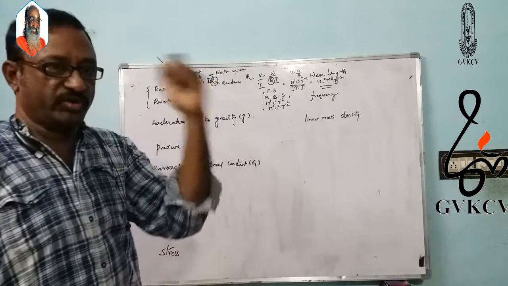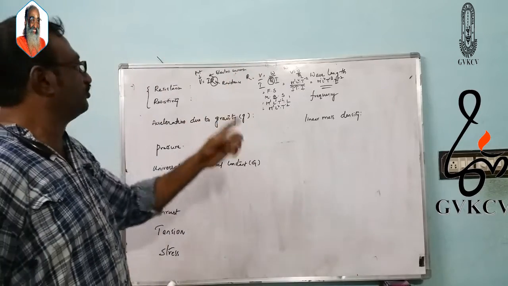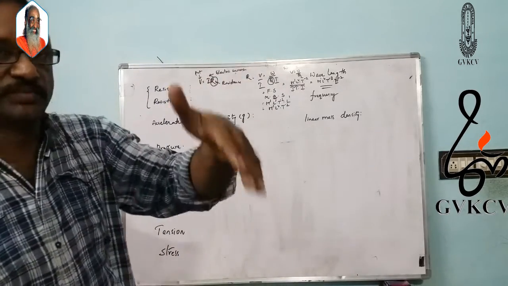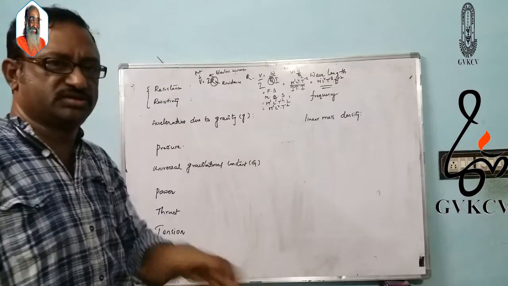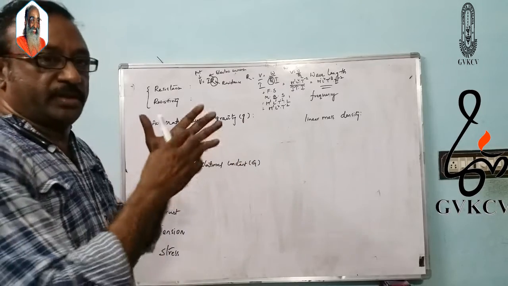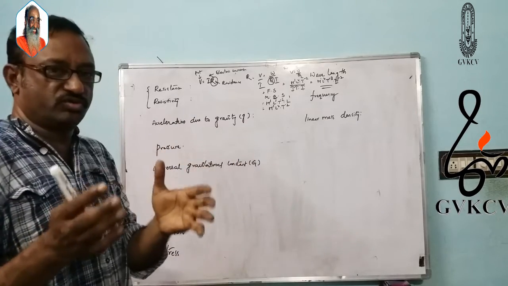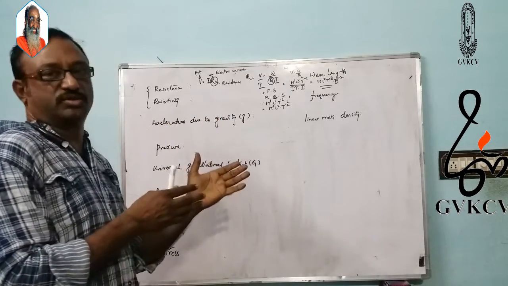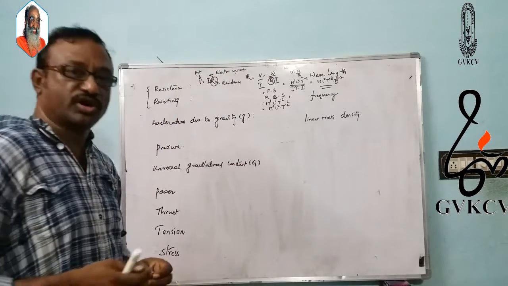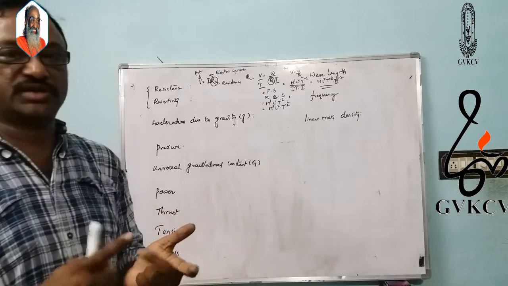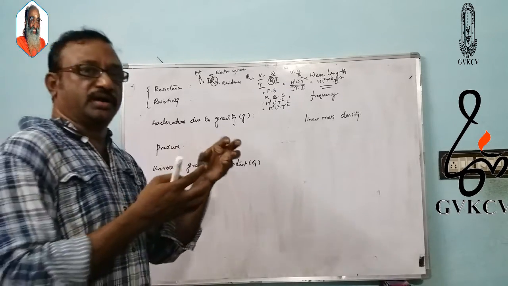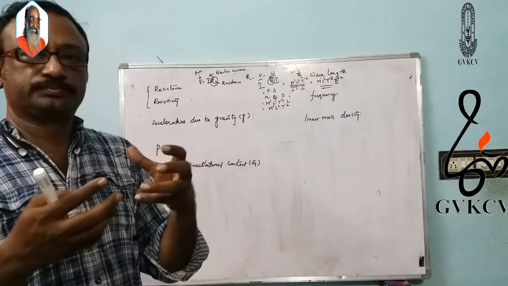From where can we extract this V? From W is equal to VQ. We know how to write the dimensions for W, F dot S, what is F, M A. So all these things, just by practice, get stored in your brain. Okay, just take your 10th class textbook or your 9th class textbook and take some quantities, whatever you come across, like velocity, acceleration, displacement, force, torque, couple, and moment of force.